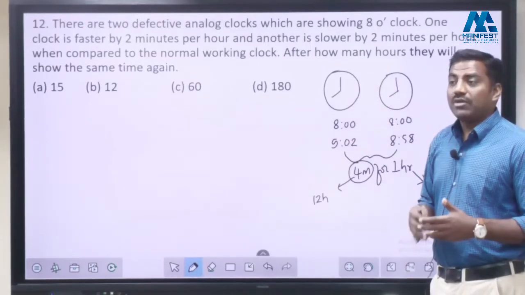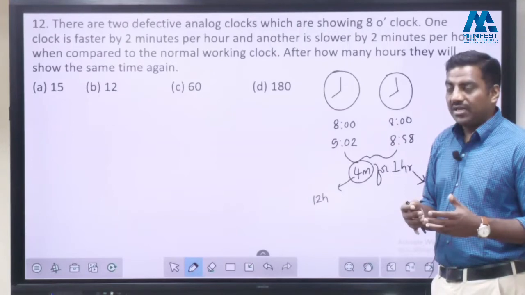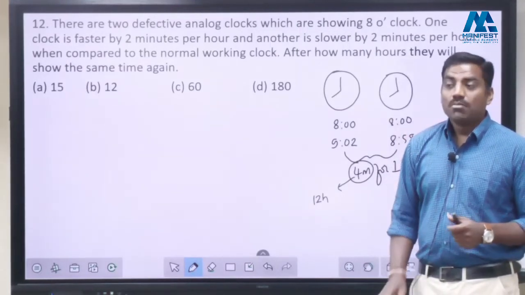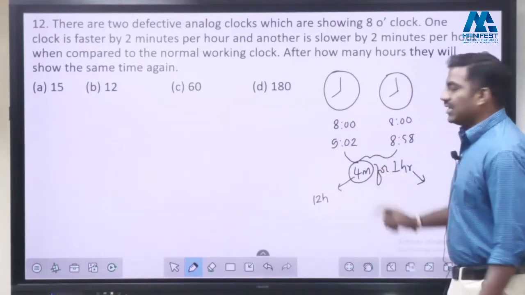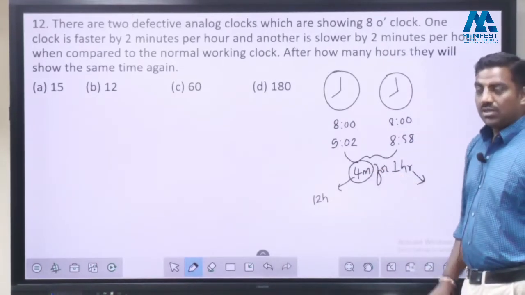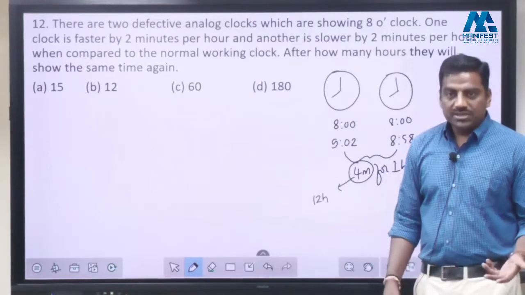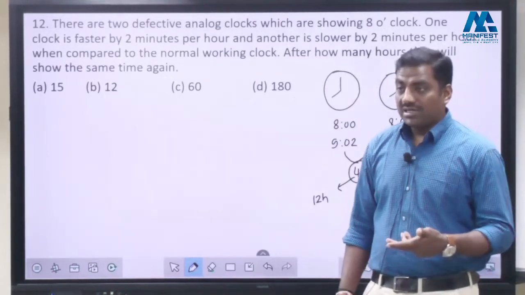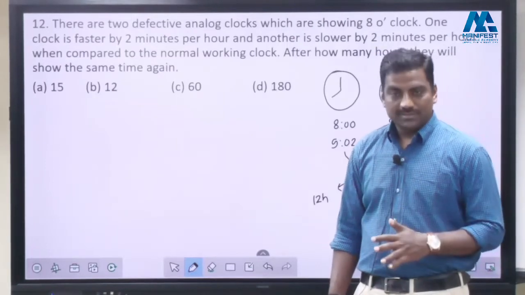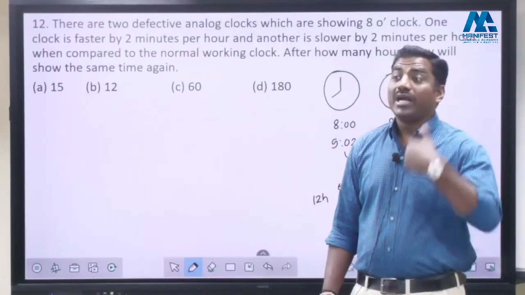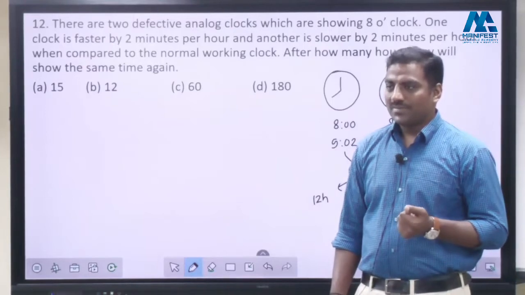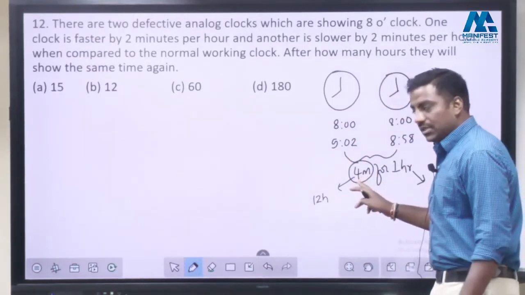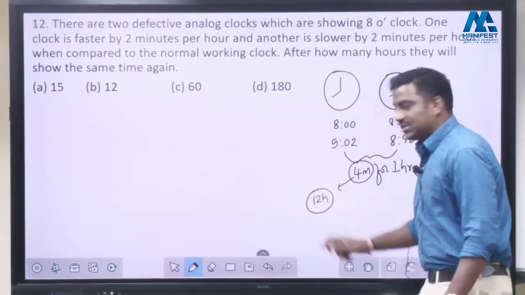The next time they will show the same time is when the difference between them is 12 hours. Yes or no? But every hour we get a difference of 4 minutes. Another hour, 8 minutes. Another hour, 12 minutes. Like that, if I wait for 15 hours, I get 60 minutes difference. So simple here. Every hour we get 4 minutes difference, but we have to get 12 hours difference.